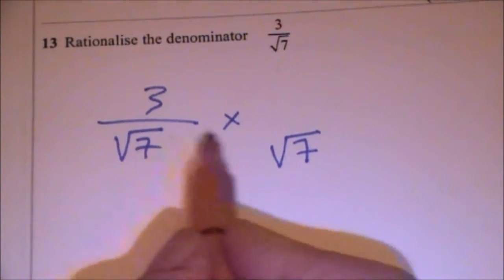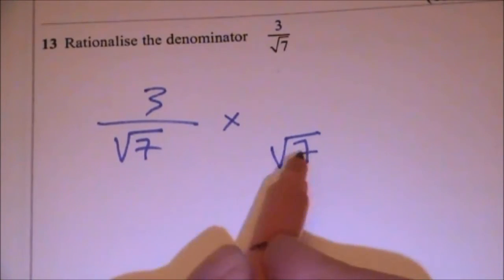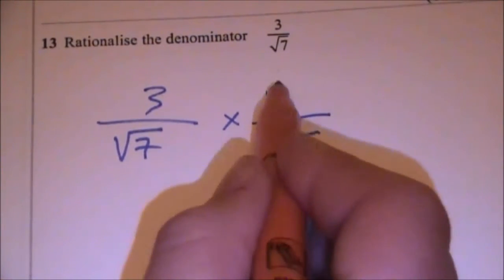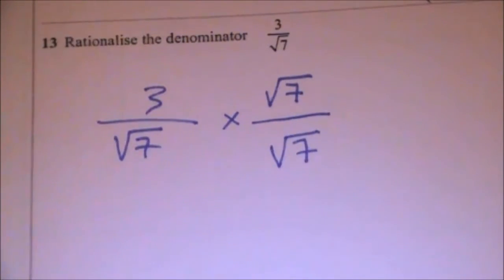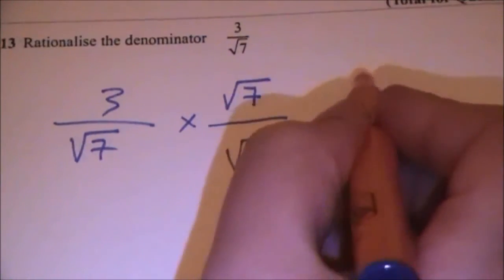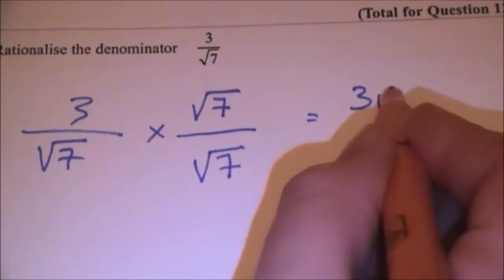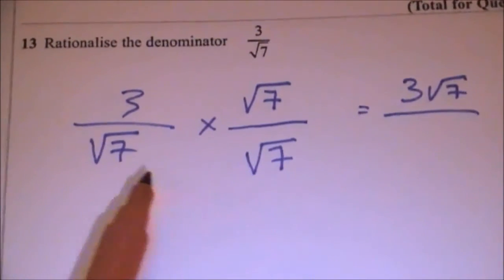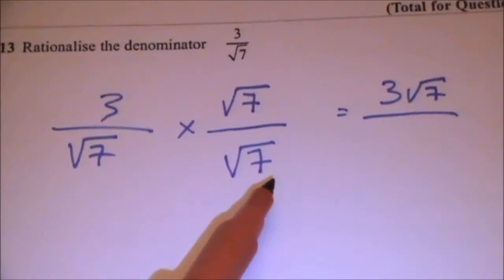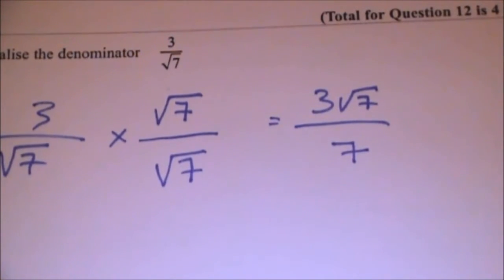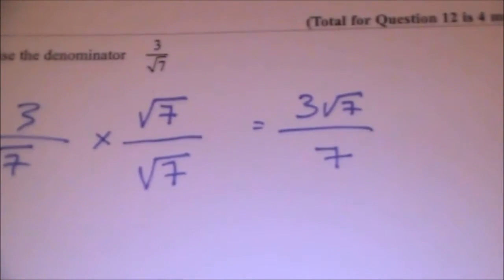So what I want to do is root 7 times root 7. Now I can't just multiply this by root 7 and ignore the top. So I'm going to multiply the top also by root 7. So what I end up with here is 3 times root 7, which is 3 root 7, divided by the root of 7 times by the root of 7, ends up giving me 7. So my answer is 3 root 7 over 7.